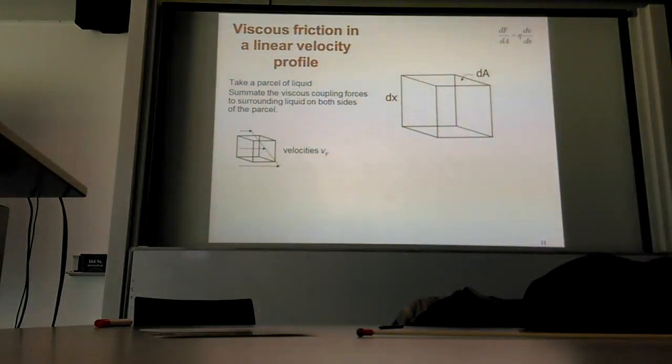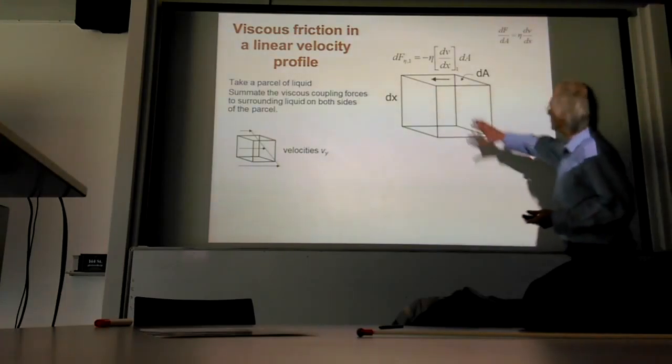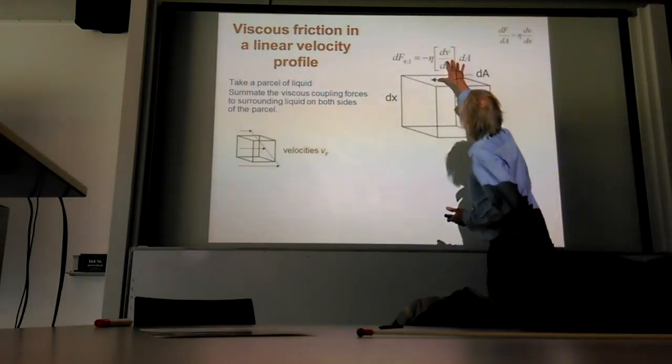Now if at the top I move faster and at the bottom I move slower than my parcel, and I move with the same velocities faster at the top as I move slower at the bottom, will there be a resulting force? No, eh? No. Okay, that's what I'm going to show, that indeed there is no force. So here at the top I have a velocity difference between this one and the parcel at the top.